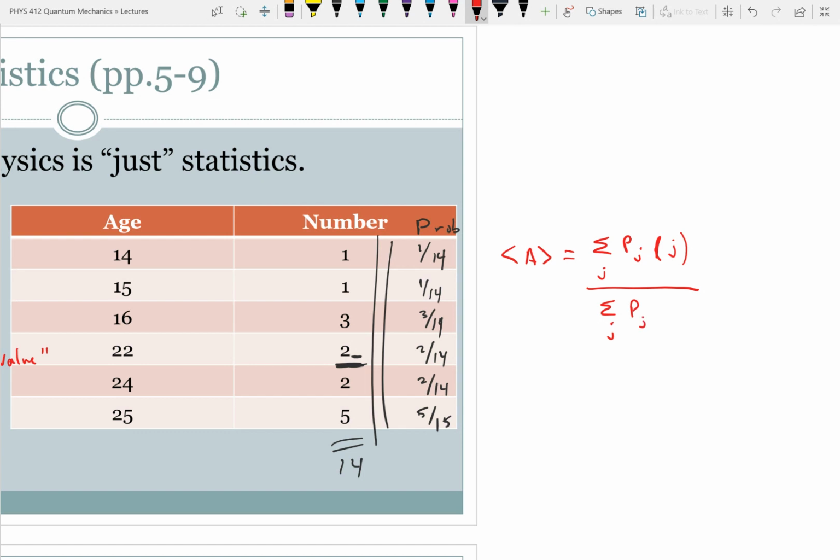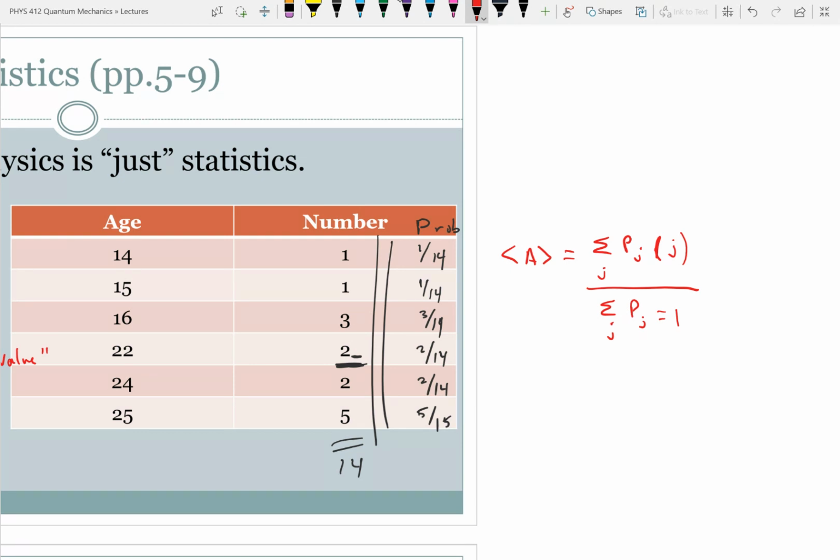What's the sum of my probabilities going to have to add up to? Say it out loud. I saw your mouth move, but I didn't hear anything. Maybe you just said it too soft for the mic to pick up. I'm not a good lip reader. And so the bottom is just going to be divided by 1. So it's kind of meaningless for our calculation because it's just divided by 1.